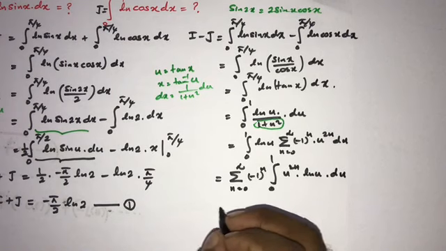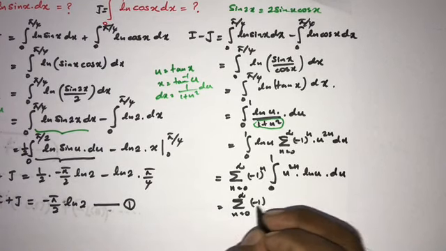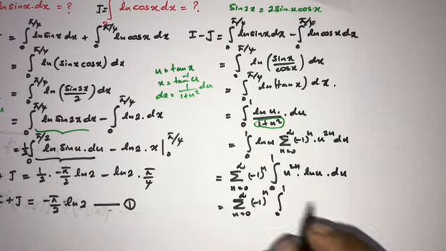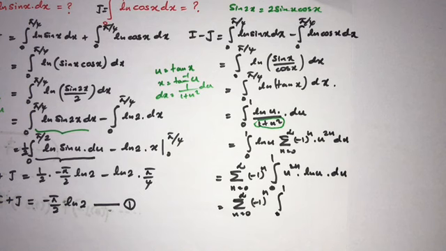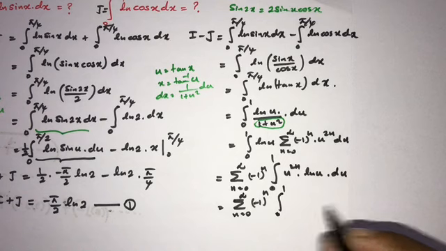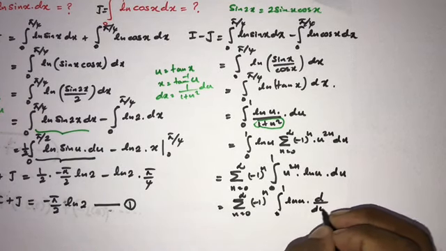Well, now here 0 to infinity minus 1 to the n. Now here 0 to 1. Now I'm going to use IBP, integration by parts method. So I'm going to take u as a first function, natural log of u, here d by du.